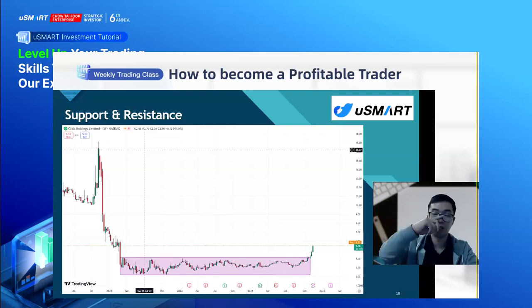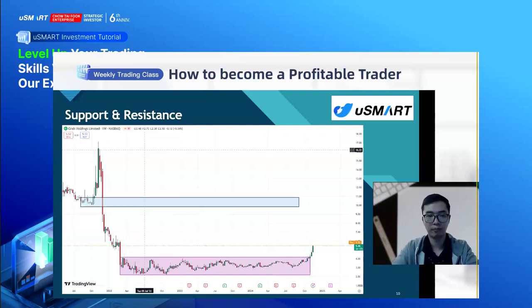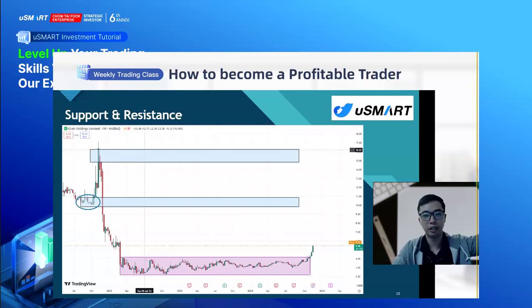Sideways can be a long-term support. So it breaks out, and potentially it will trend towards the next resistance. So what will be our next target? Potentially here, because you can see there's a previous support area there. And then the highest is the strongest resistance, because the highest will always be the resistance.